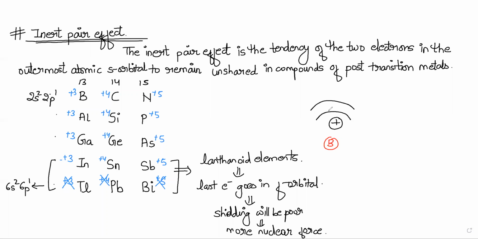Boron has 2 electrons here and 1 electron here. Similarly, we'll talk about thallium.